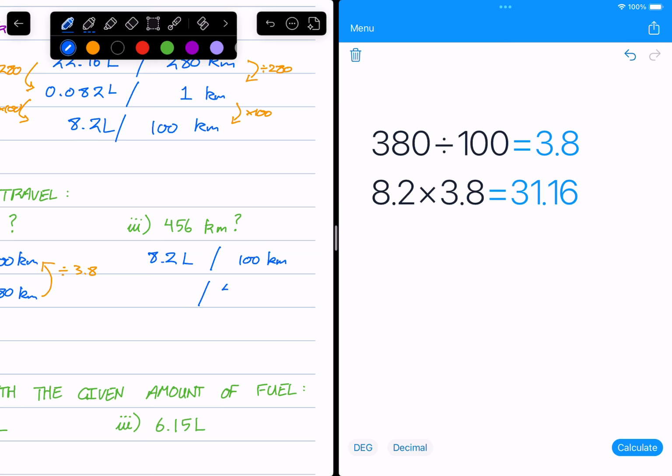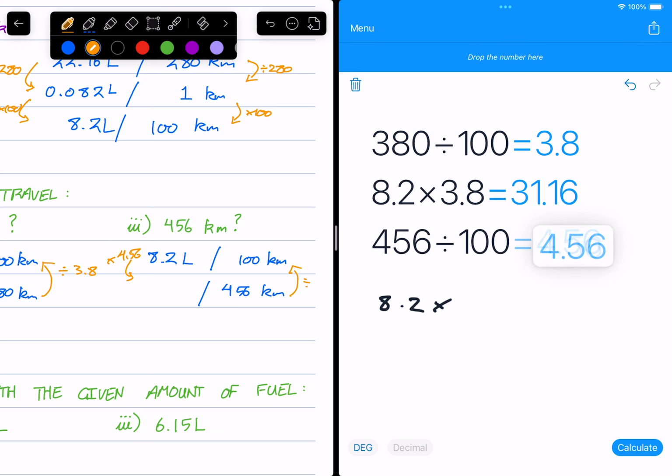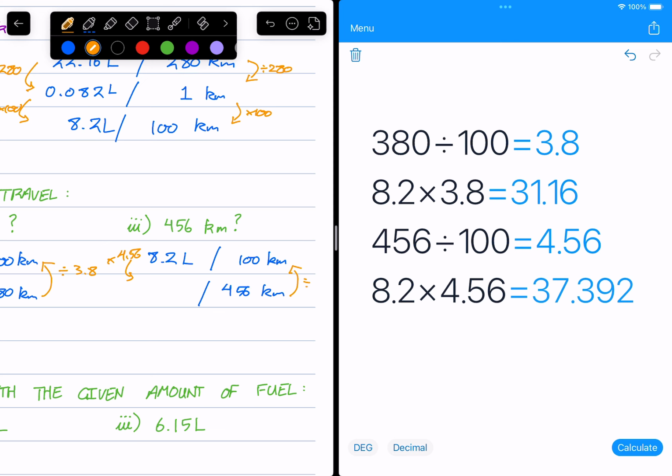And below this, we write 456 kilometers. For this, we need to divide going back the other way. 456 divide 100. And it's that number that we multiply the other side by, 4.56. So 8.2 times 4.56. That gets us 37.392 liters per that number of kilometers.